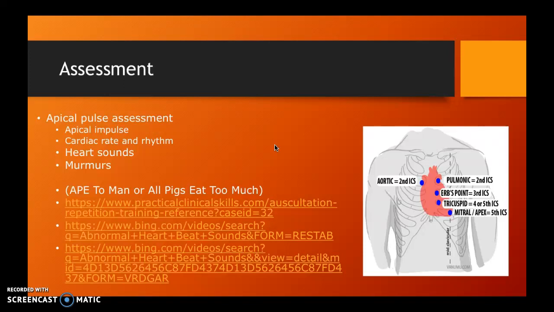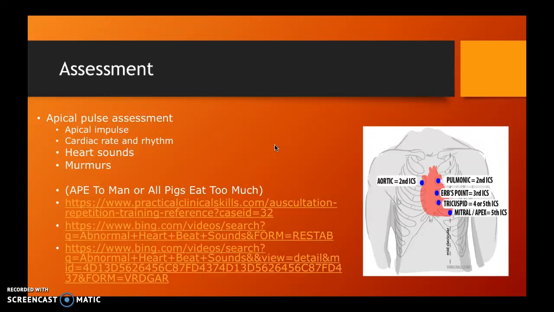The pulmonic area is going to be the second place you're going to assess, and that is the left sternal border, the second intercostal space. Erb's point is the third intercostal space, and that is where you are going to count your apical heart rate.